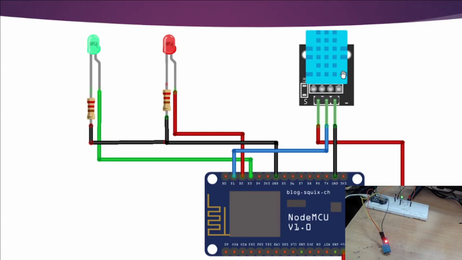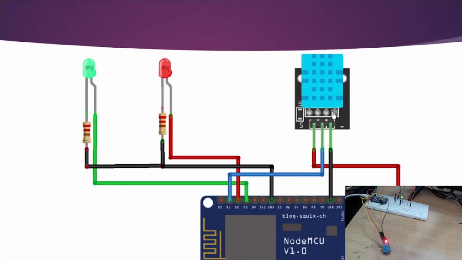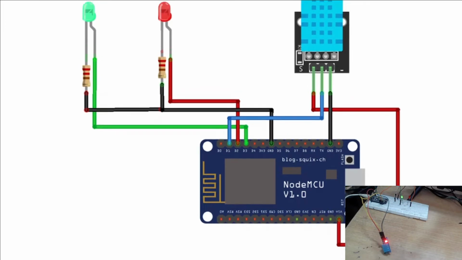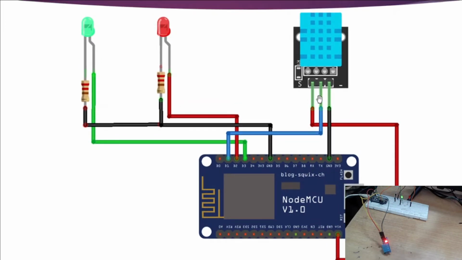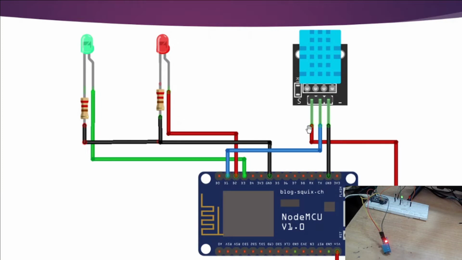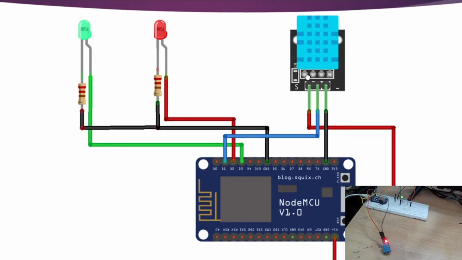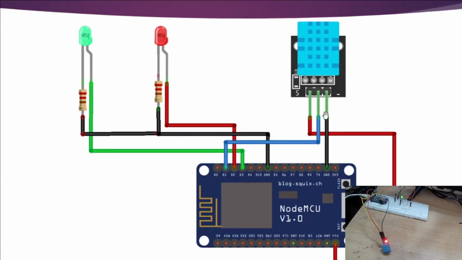So D1 is connected to this digital DHT11 temperature and humidity sensor, and we are taking power, since this DHT11 takes 5 volts, and some NodeMCUs can give 5 volts and some can't, but in my case, if I power my NodeMCU using the USB cable, I can easily get Vin 5 volts. So taking 5 volts to the plus 5 volt of this DHT11 and minus to ground.